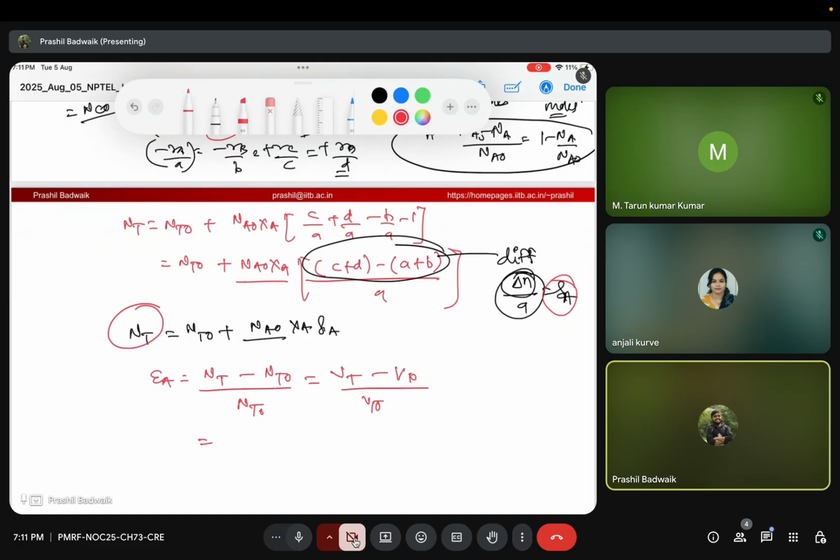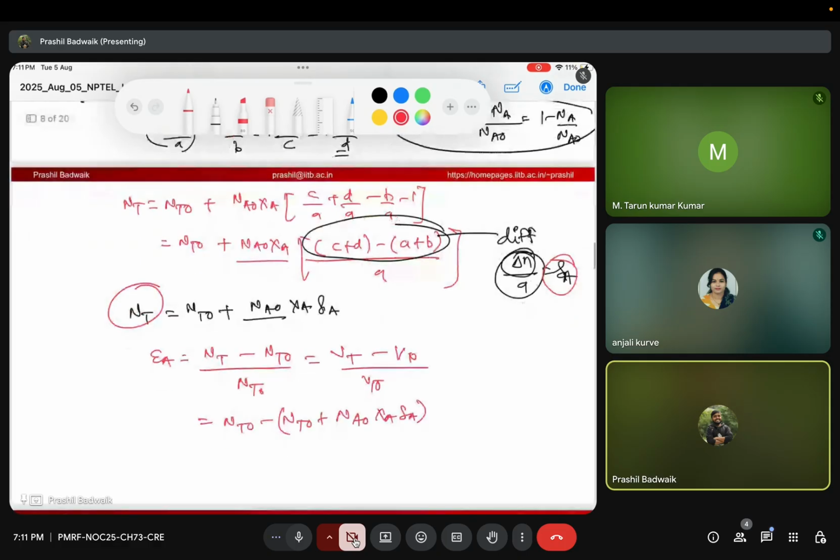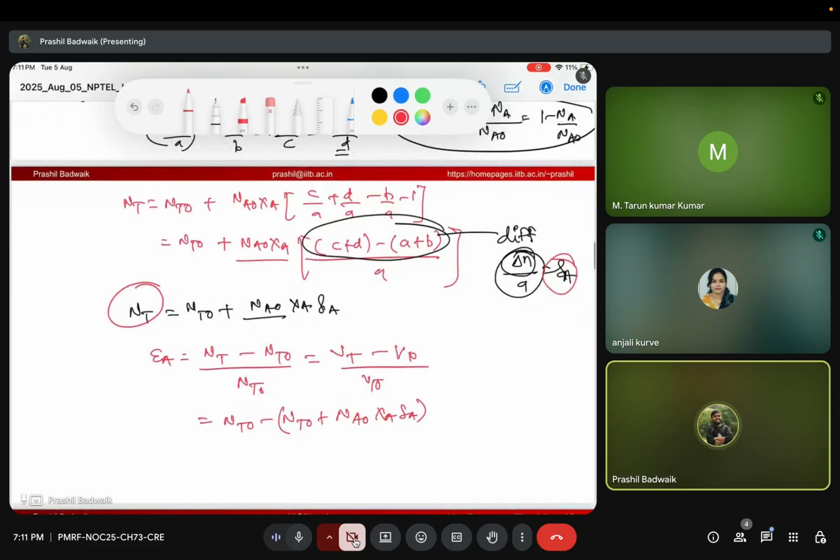You are supposed to get nt naught minus nt naught plus na naught xa del a, divided by nt naught. So this will get cancelled. I will be having na naught divided by nt naught times xa del a.